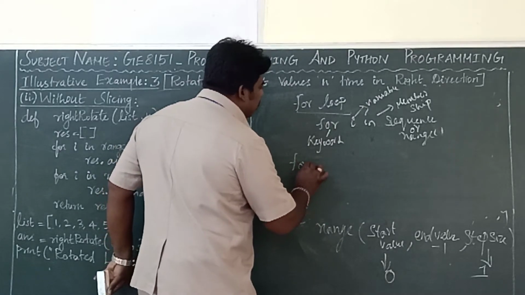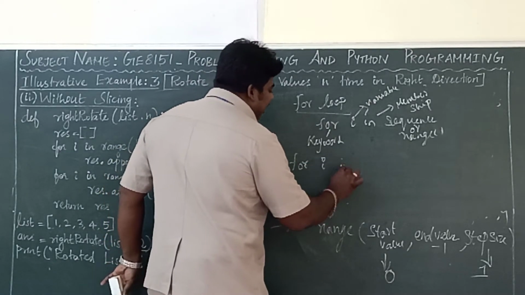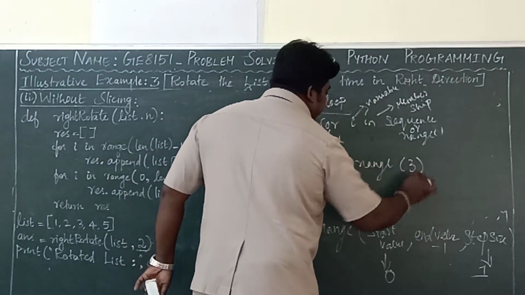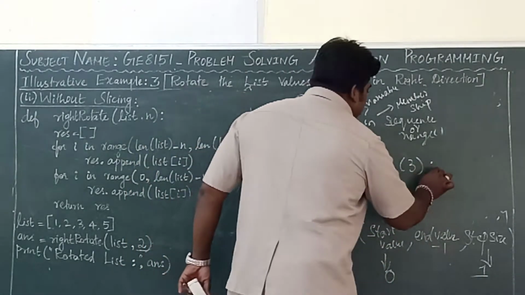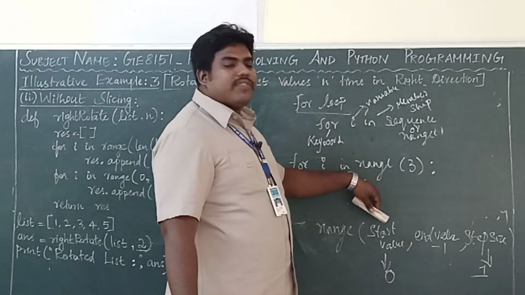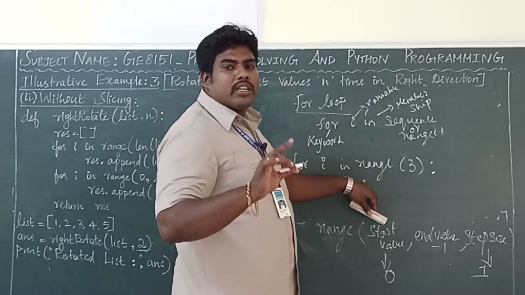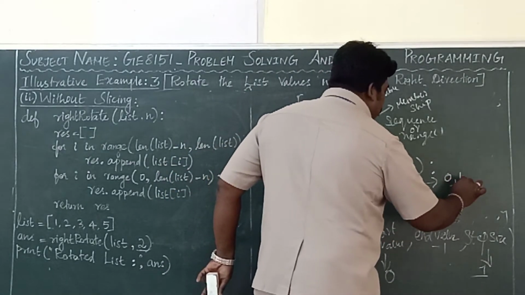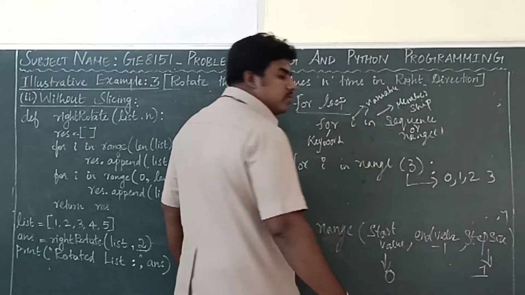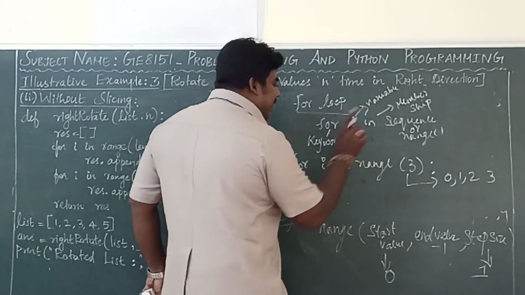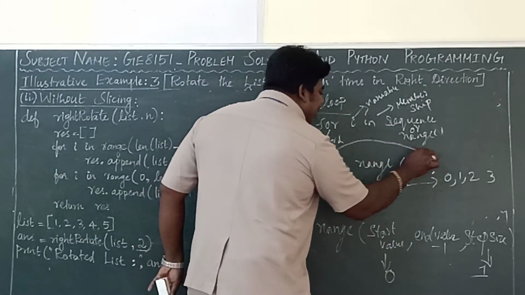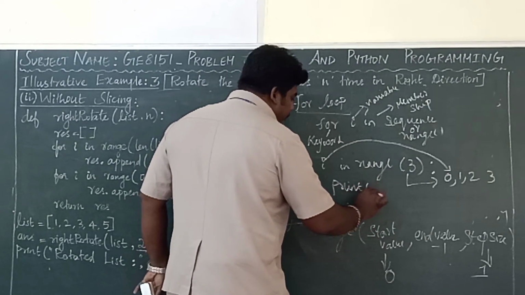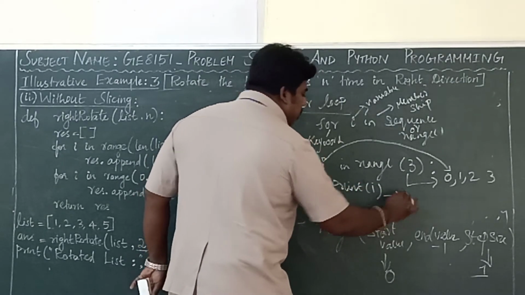For i in range of 3, colon will come. What's the need of this range? It will create the sequence of numbers 0, 1, 2. In the first iteration, the i value takes 0. If I print i, it will print 0.